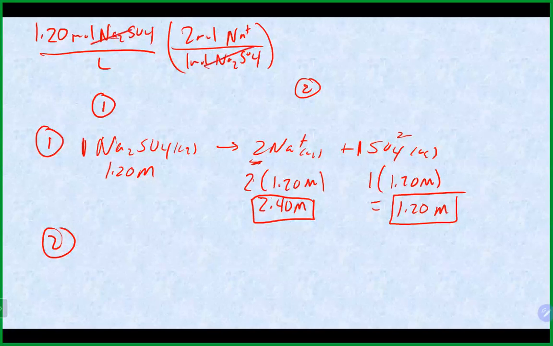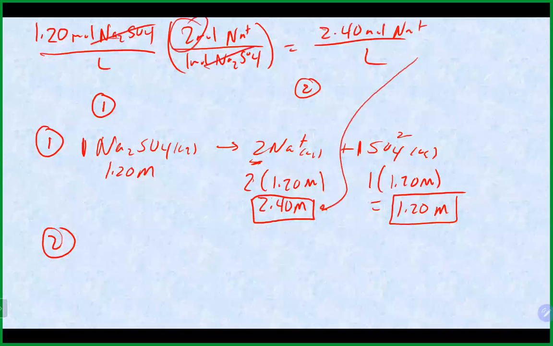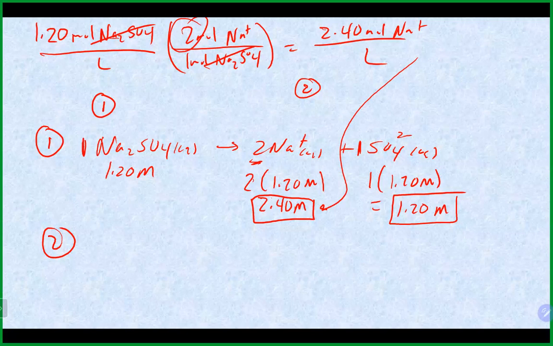Moles of the whole thing cancel, and that gives us our 2.4 moles of sodium ions per liter, which is how we get to this number here. That's the long version of it. The short version is multiply by 2, which is the stoichiometry part of it, and it'll give you the right concentration. Any questions on that? For the sulfate, the part in the middle would be a 1 to 1 relationship, which is why, again, we multiply it by 1 in that case.